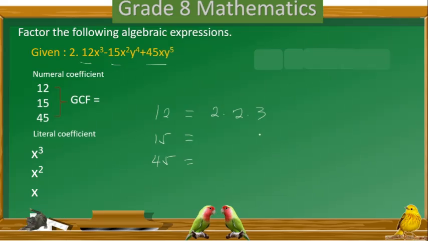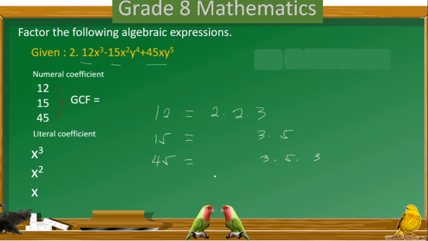For 15, that is 3 times 5. For 45, that is 3 times 5 times 3. 3 times 5 is 15, times 3 is 45.